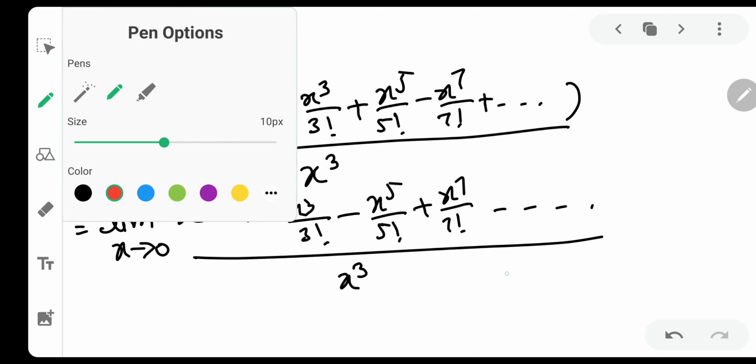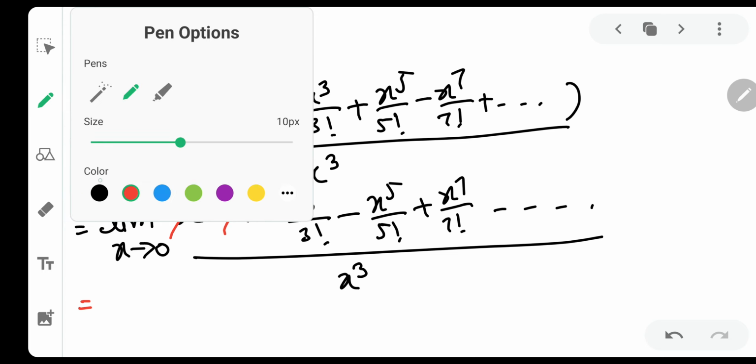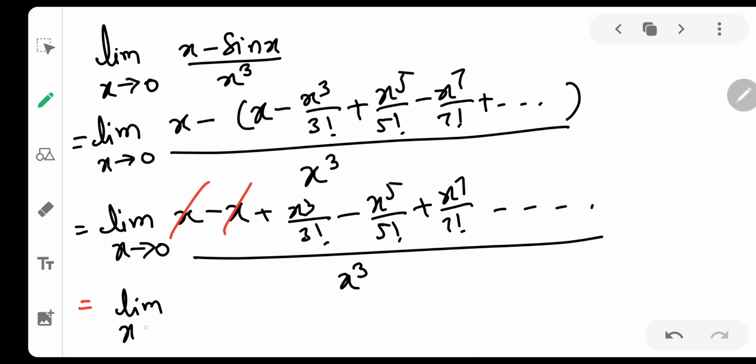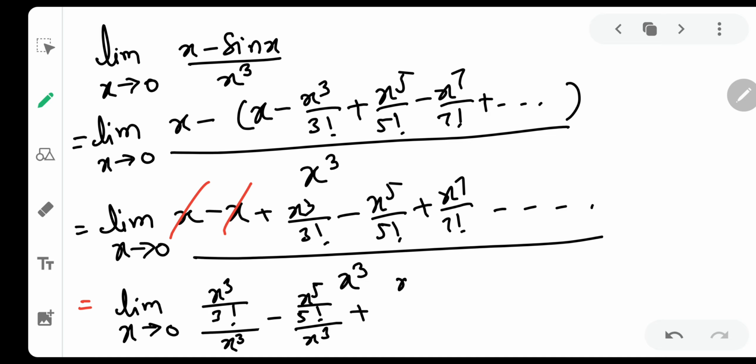Observe very carefully, x got cancelled, and what you have is limit x tends to 0 of x³/3! minus x⁵/5! plus x⁷/7! and so on, upon x³. Now I'll divide everyone by x³ so that you understand this in detail. The x³ got cancelled in the first term; in the next, x³ and x⁵ got cancelled and x² remained; in the next, x³ and x⁷ got cancelled and x⁴ remained, and this will continue.